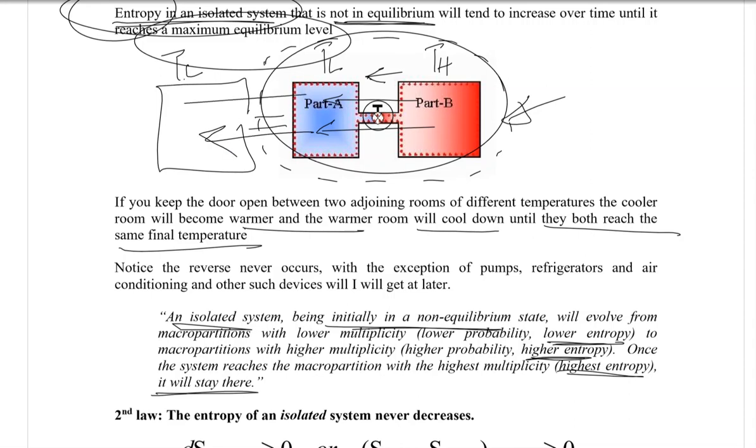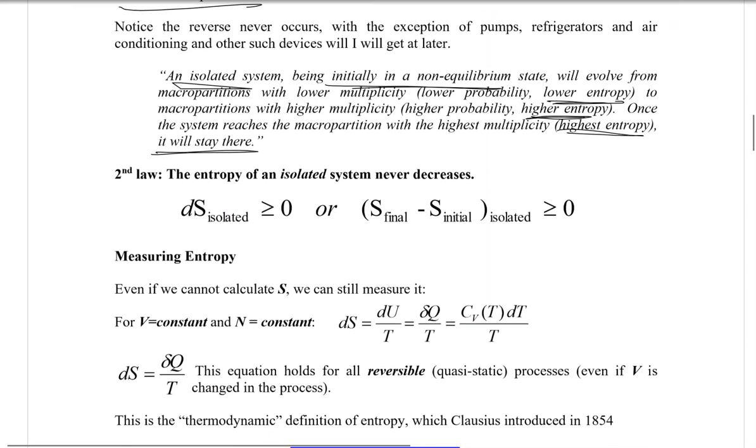So you have to attain the maximum equilibrium level. An isolated system at low entropy, in non-equilibrium, will try to reach high entropy, and once it reaches the highest entropy, it will stay there.